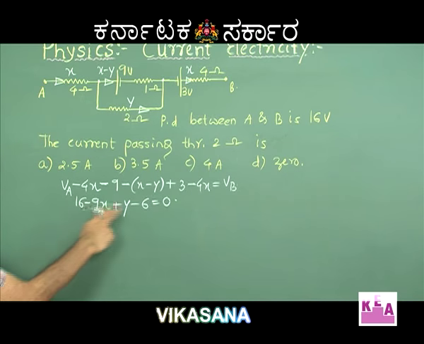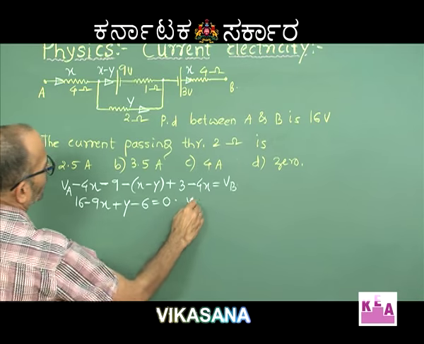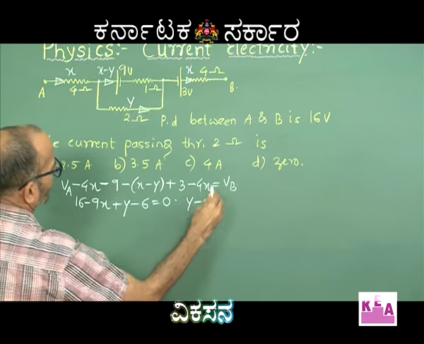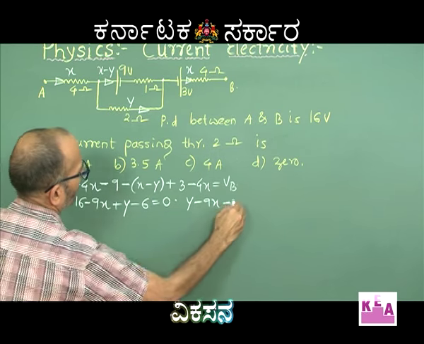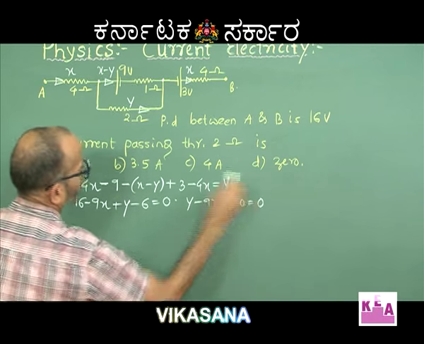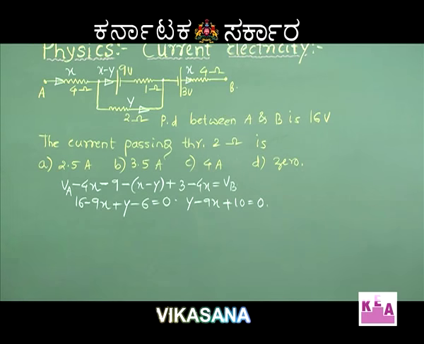That gives 16 minus 6 as 10. So, y minus 9x plus 10 equal to 0 is your equation number 1.